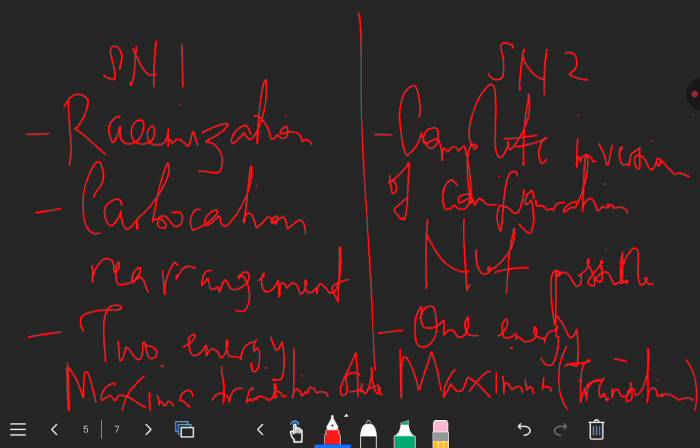So that is what we need to understand here. For SN1, there are two energy maxima transition states, but with SN2, there is one energy maxima transition state.